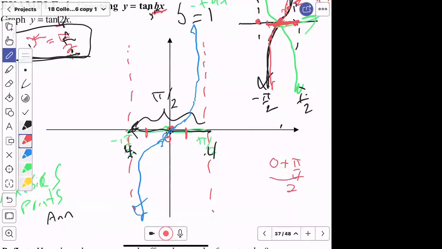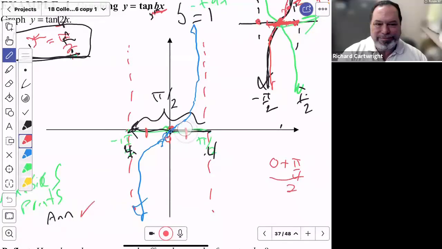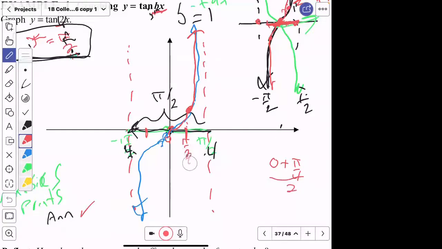Pi over 8. Is that you again, Anne? Yes. Pi over 8. If I go up, make a dot, that's where I want you to curve that point up to. I should have done that yesterday too. What would the other side be, Anne? Negative pi over 8.